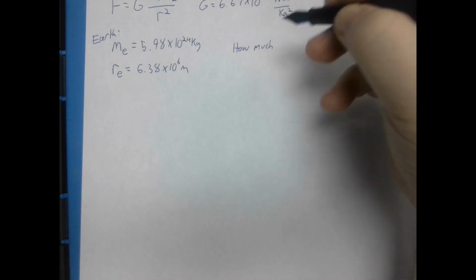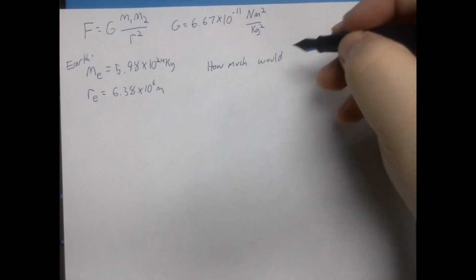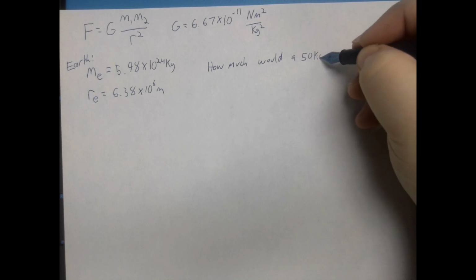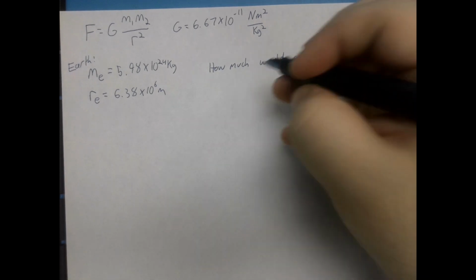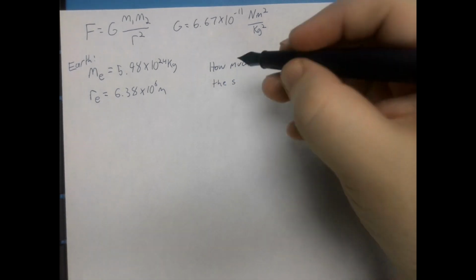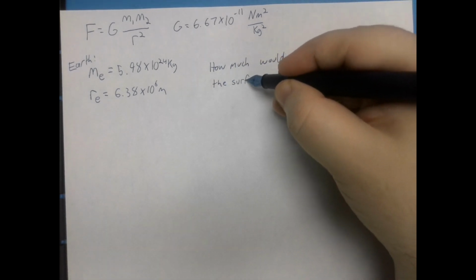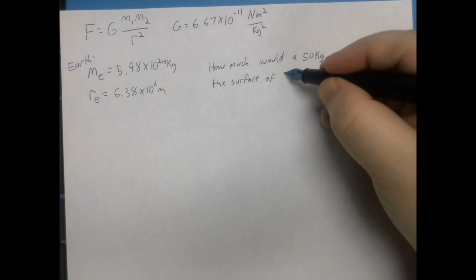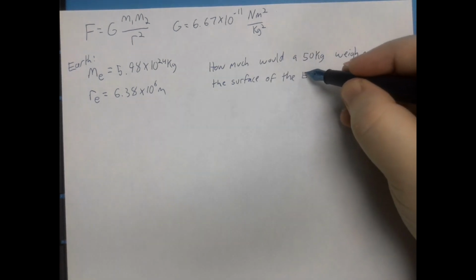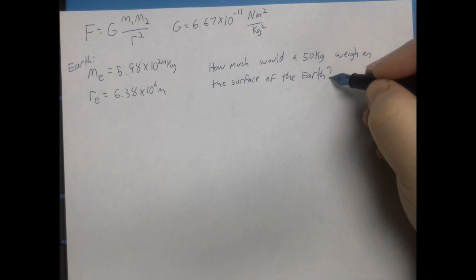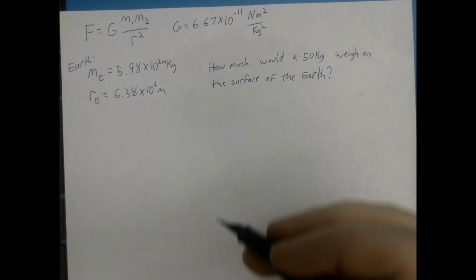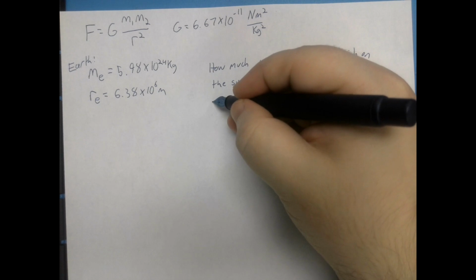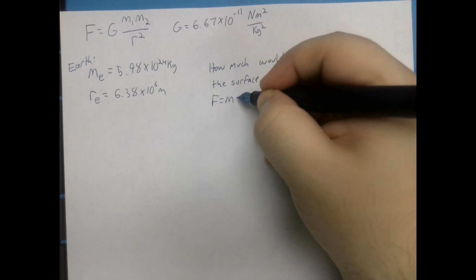How much would a 50 kilogram person weigh on the surface of the Earth? Well, we can apply F equals ma or mg.